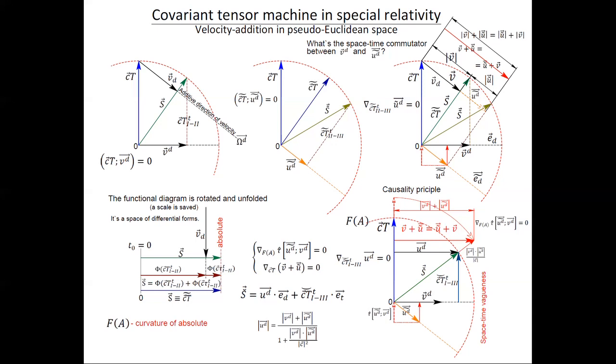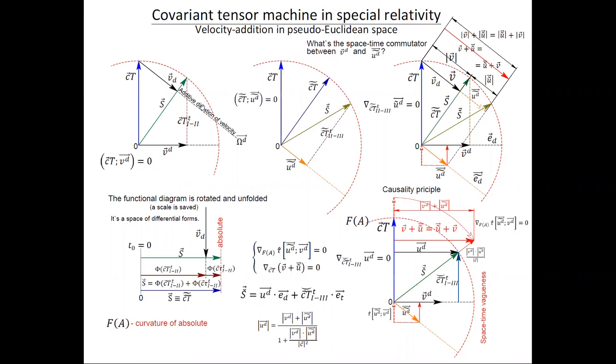Such is a rest system. It's possible because the second reference frame is at rest relative to the third. The basis vector ED, lower index, gave covariant direction, or generalized. After transformation, it has become contravariant ED, upper index.